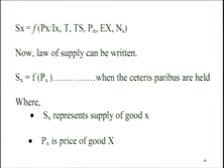Look at this equation. Supply is a function of price, with other factors, say technology and expectation, all remaining constant. That is the meaning behind it.